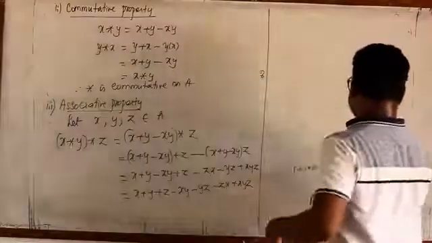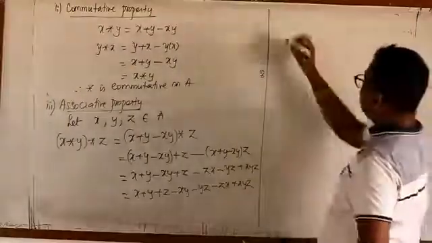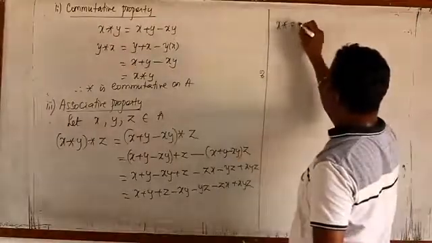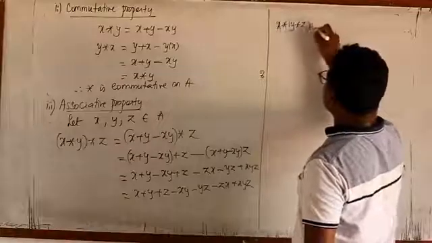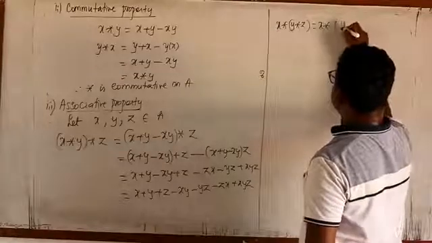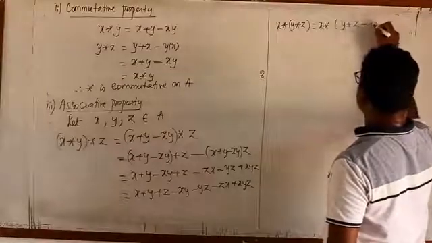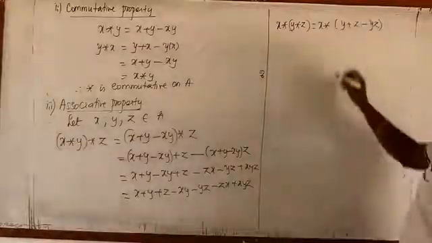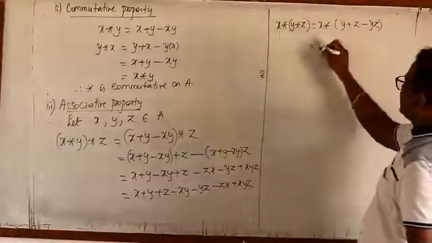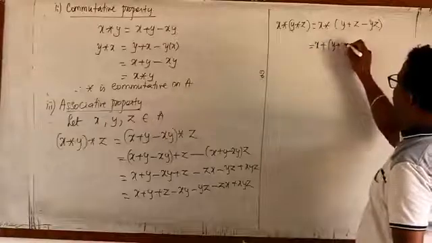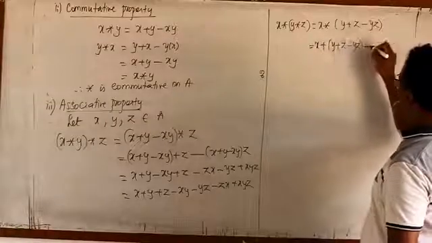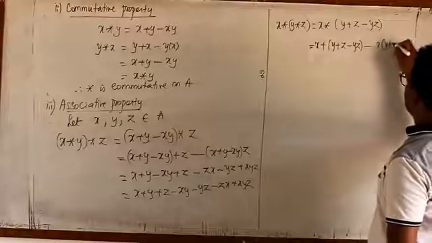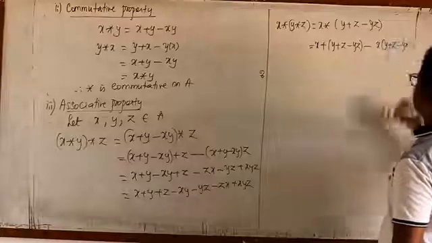Now let me rearrange the bracket. It is x star (y star z). y star z is y plus z minus yz. When I add these two, it is x plus y plus z minus yz, minus x into (y plus z minus yz). Understand?